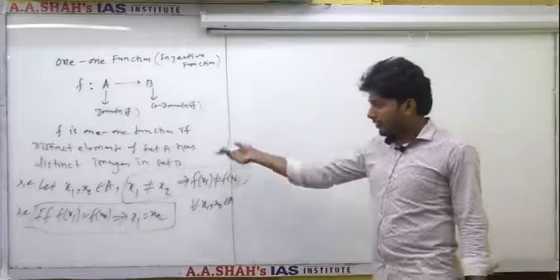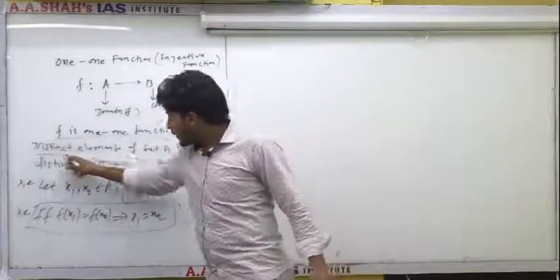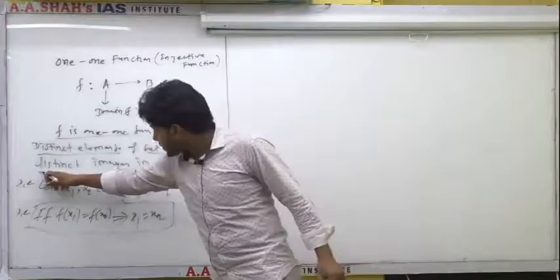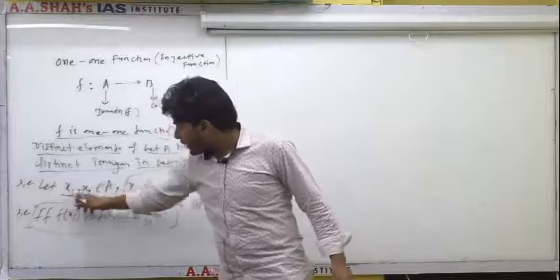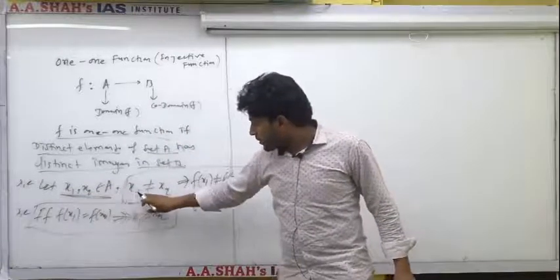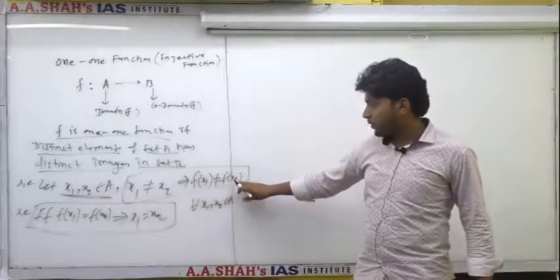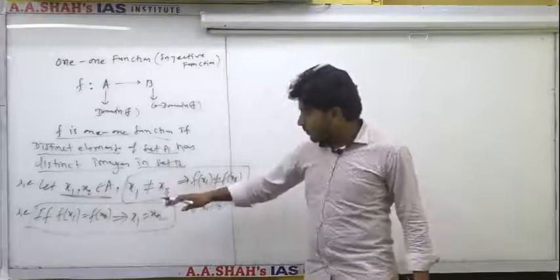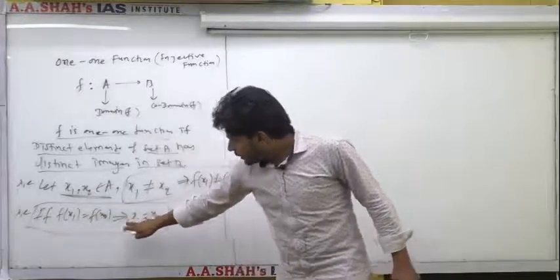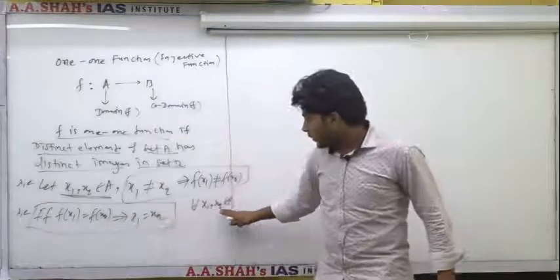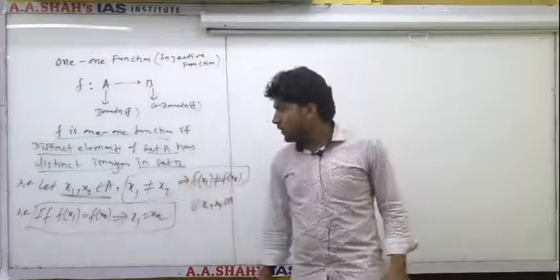We have three different ways. f is a one-one function if distinct elements of set A have distinct images in set B. That is, if x1, x2 are two elements in set A such that x1 is different from x2, then f(x1) must be different from f(x2). The same statement can be stated in a different way. If f(x1) is equal to f(x2), then x1 must be equal to x2 for all x1, x2 belonging to A. These two statements are the same statement, contrapositive of each other.